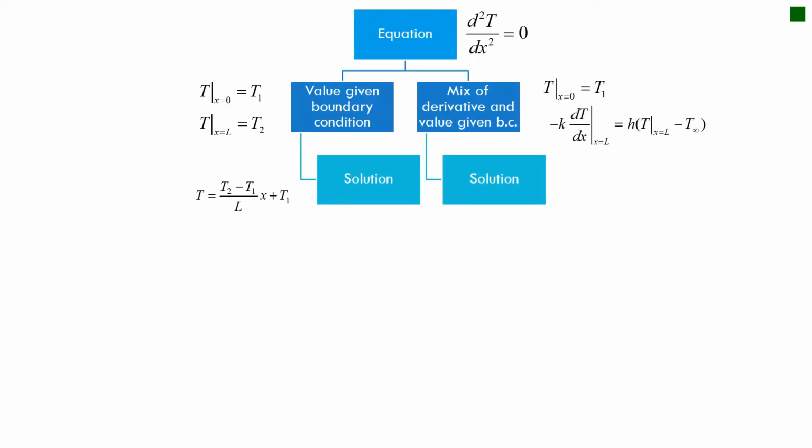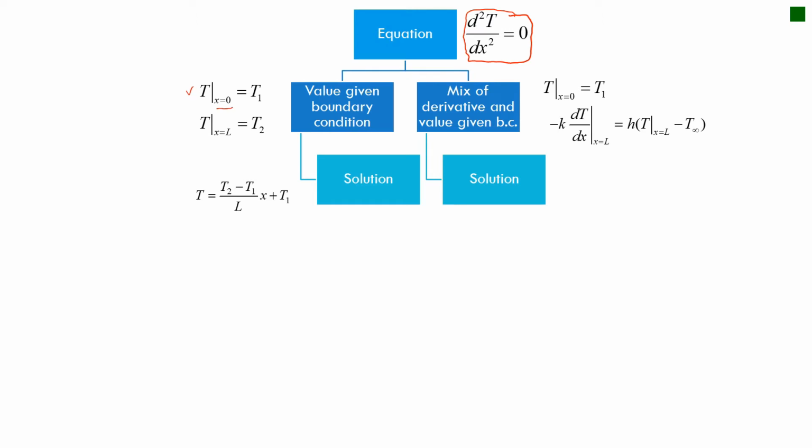So here is the equation that we are trying to solve, and that equation in the past has been solved, or you can check easily, if you have the boundary condition of value given on both ends.